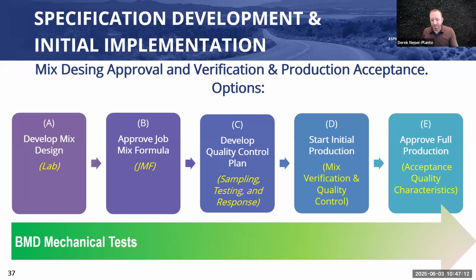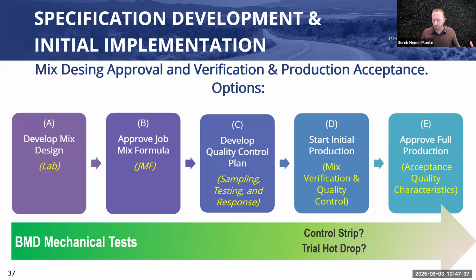But now in step C, a QC plan could be the next thing. Incorporate it into QC. It's not yet for payment, but somebody is testing it on a frequent basis to see how sampling and testing vary. You could also start on initial production. We mentioned that earlier. That's not quite using an acceptance yet, but it's bringing it into the production environment.